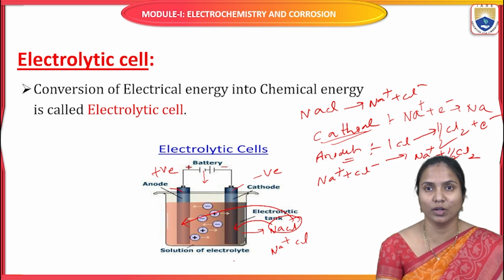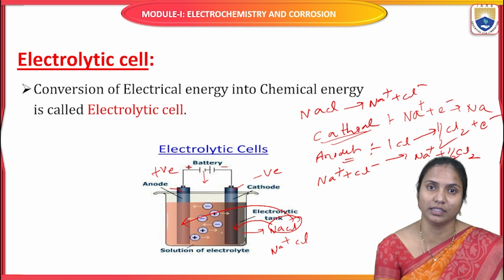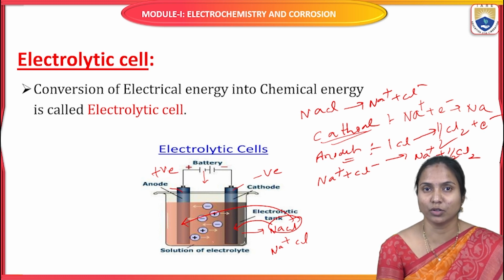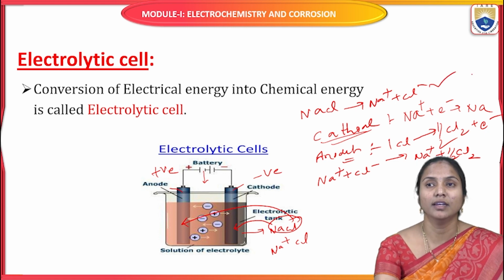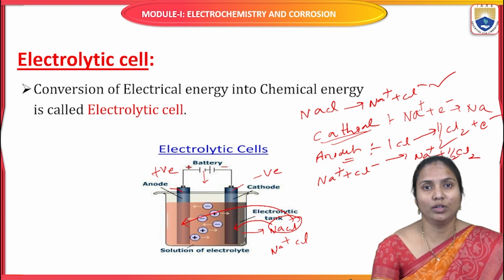When we pass electricity through the NaCl electrolyte solution, NaCl decomposes into Na plus and Cl minus ions.